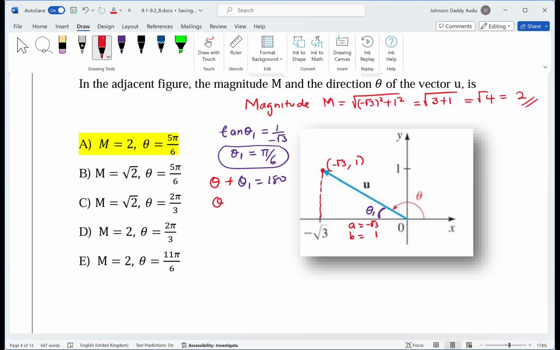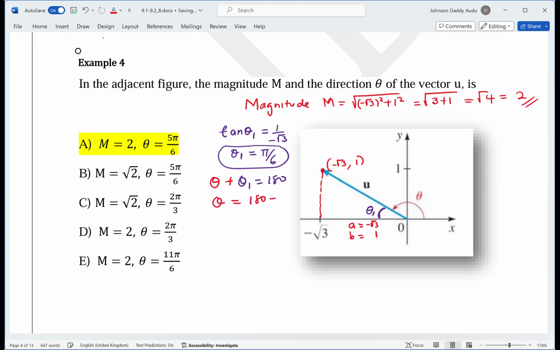The direction is going to be just 180 minus pi over 6, right? I think we should leave everything in terms of pi. So I can rewrite this as pi minus pi over 6. So theta is just going to be 5 pi over 6. So this is the direction.